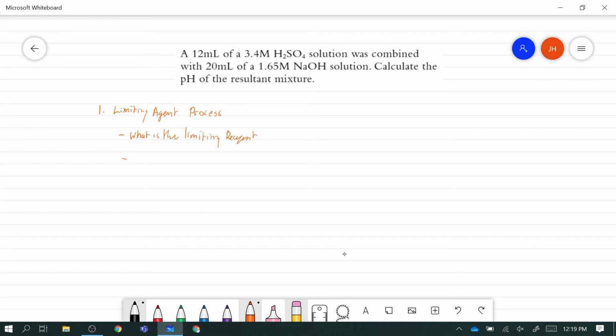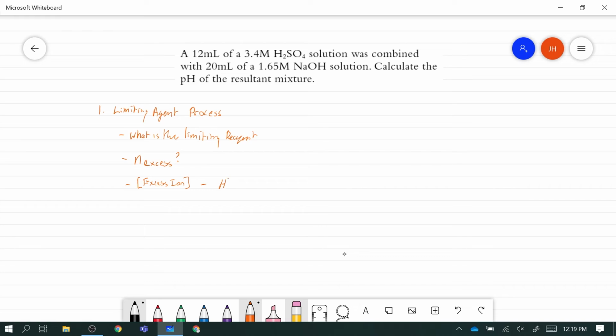We're then, with that limiting reagent, going to have to determine how many moles of excess there are after this neutralization reaction is complete, whether that's excess of hydrogen ions or hydroxide ions. From there, we can then find the concentration of the excess ion.